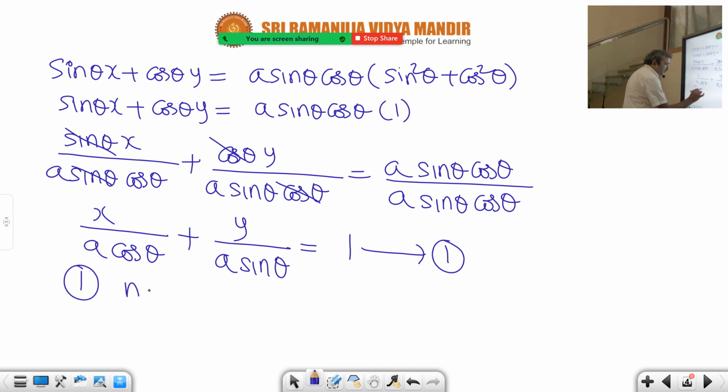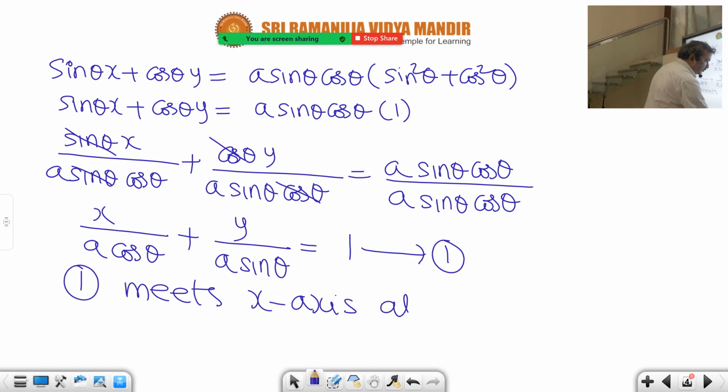Equation 1 meets x-axis at, see, any point on x-axis means its y-coordinate is 0.